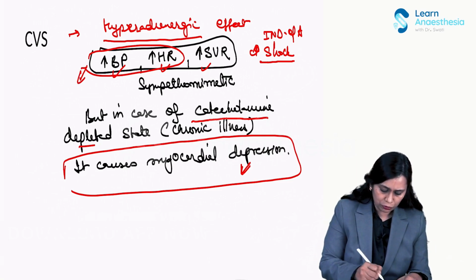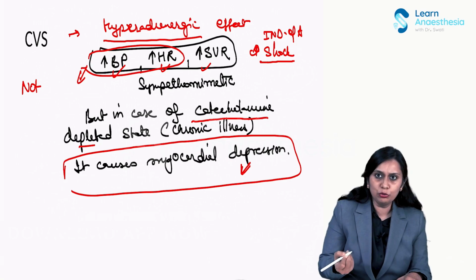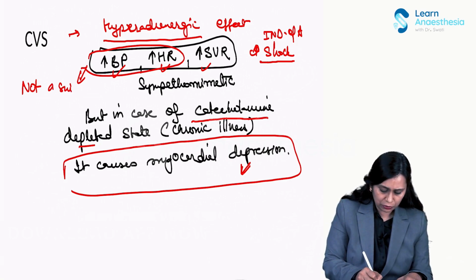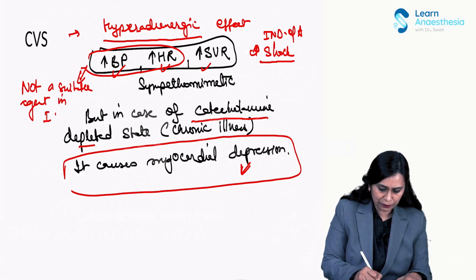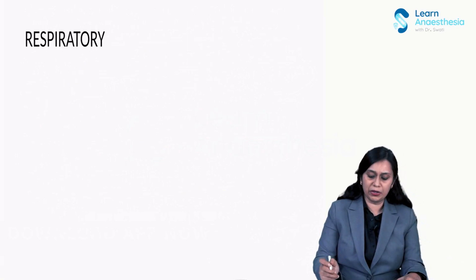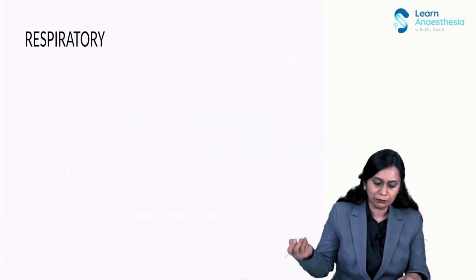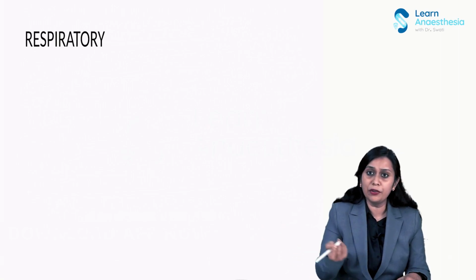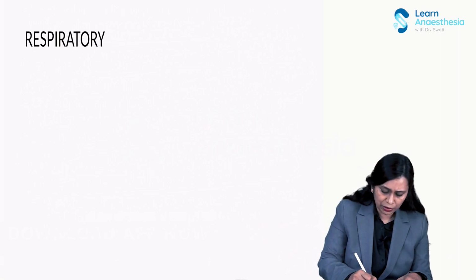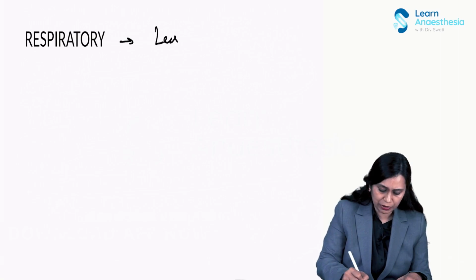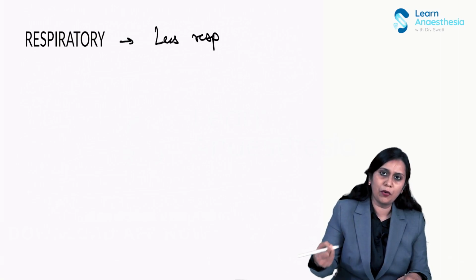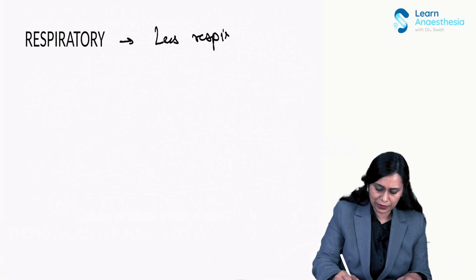So, not a suitable agent in ischemic heart disease, remember this, okay? Now respiratory system. What is the effect on respiratory system? Some important differences from other IV anesthetic agents. It is less respiratory depressant compared to propofol and thiopentone.